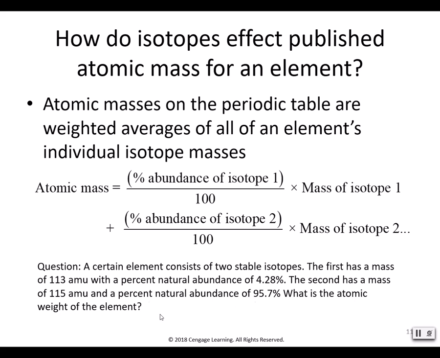And I want to know what the atomic weight of that element is, or the same thing as the atomic mass. To calculate that, we're going to use this equation, which is that the atomic mass is equal to the sum of the abundance of each isotope in decimal form multiplied by its corresponding mass.